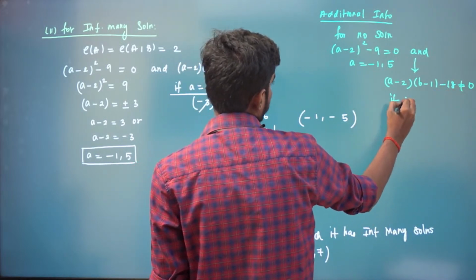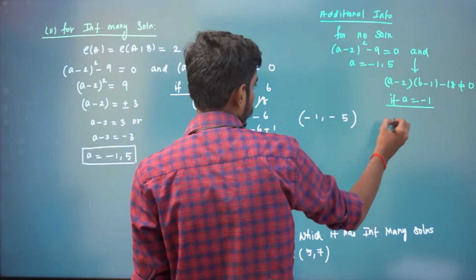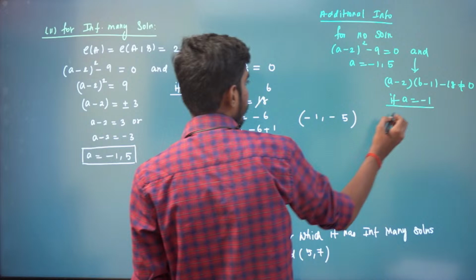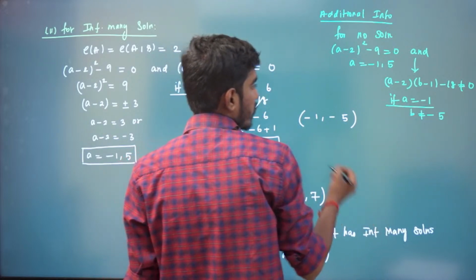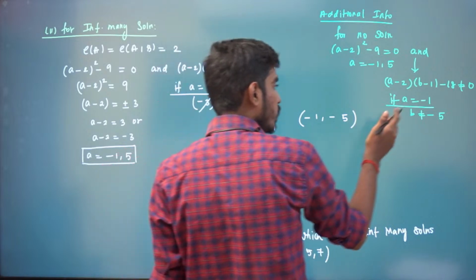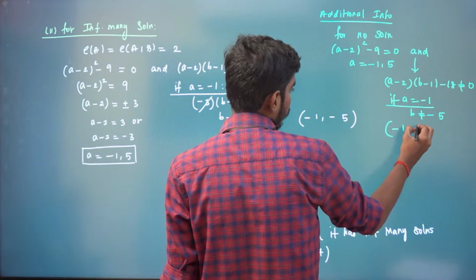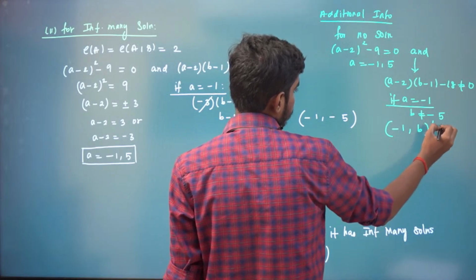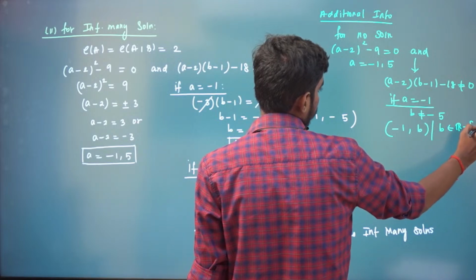So if A is equal to minus 1, what is B? If A is minus 1, you'll be getting B is not equal to minus 5, right? That means you will have an infinite set for this: minus 1 comma B, such that B belongs to any real number except minus 5.